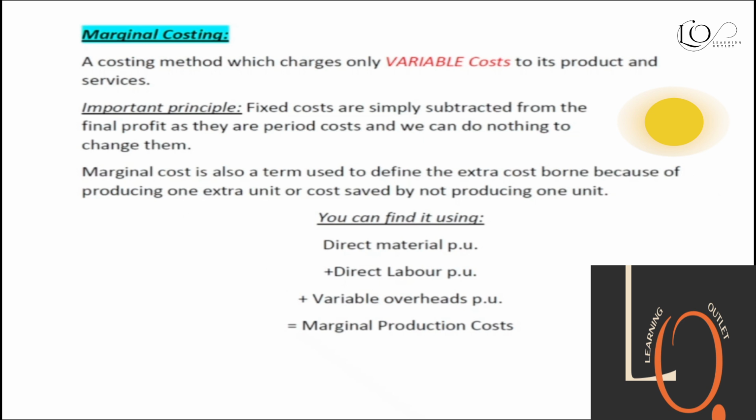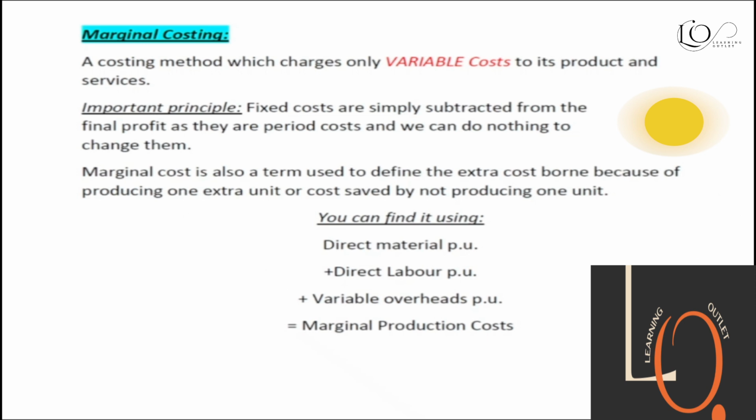So the important principle here to keep in mind is that fixed costs are not taken into account when arriving at the production cost per unit. Fixed costs are treated as period costs. So the marginal costing method says that you can't do anything about the fixed costs in any way, right? So from your total profit, just subtract it at the end. Why do you want any hassle?